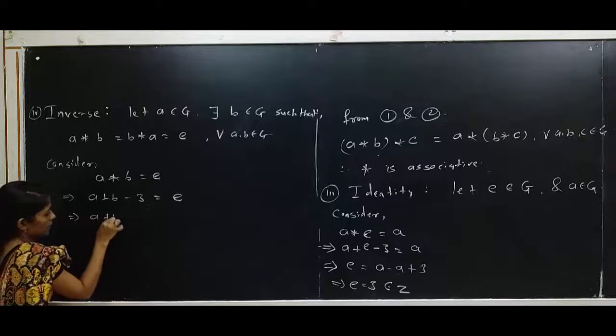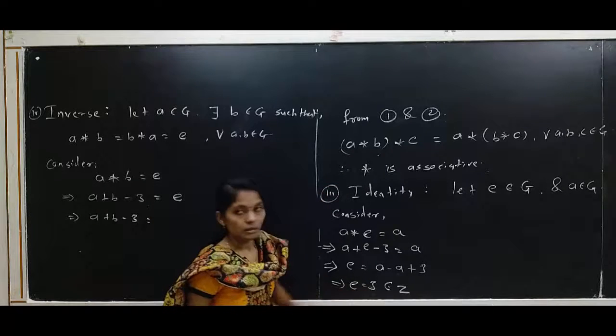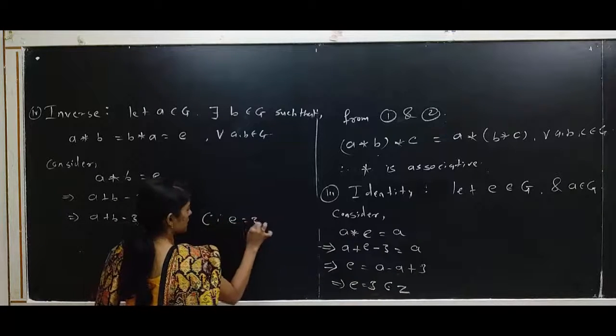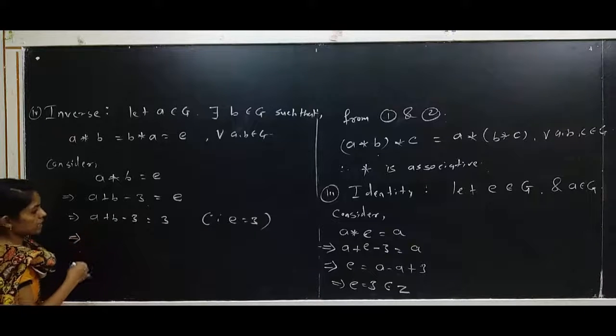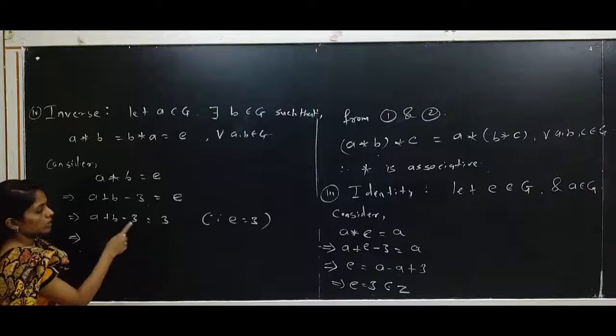Now from the third property the identity is 3. So we substitute E is equal to 3, since the identity element is 3 which belongs to the set of integers. Now again simplify this. So A plus B minus 3 is equal to 3.